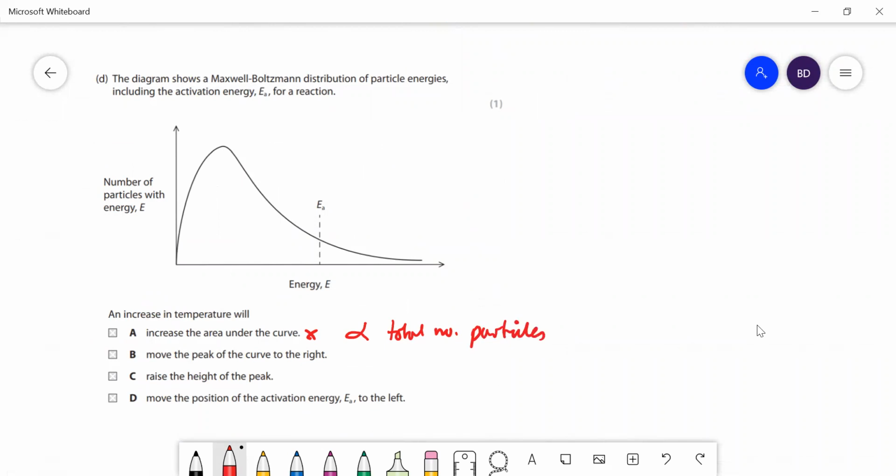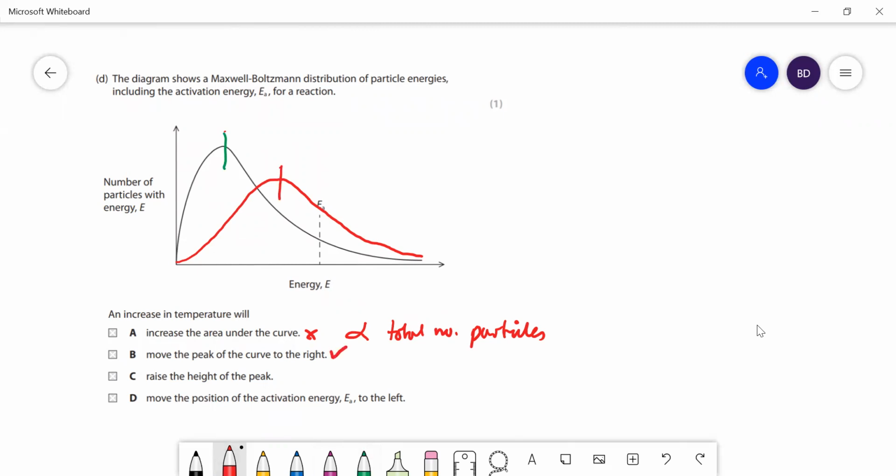Will it move the peak of the curve to the right? Yes, it will move it like that. And I've drawn that peak lower, so it's got the same total area under the curve. But you can see that the most probable energy has increased from here to there. That's what would happen if you increase the temperature.